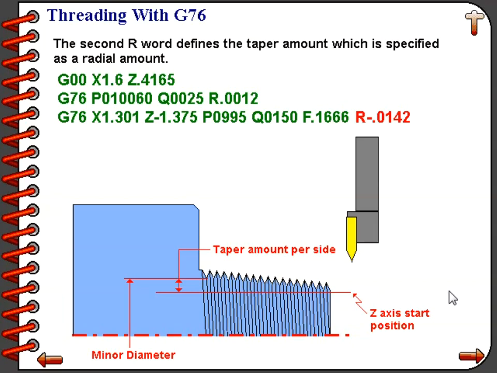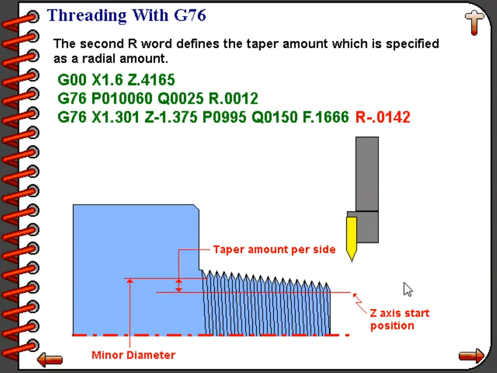Now if we look at the diagram, we can see our minor diameter is still specified near the end of the thread. The R value is specifying the amount of taper per side, and if we specify a negative value, that means the tool will be shifted closer towards the center line, which gives us the proper direction of taper for a pipe thread.